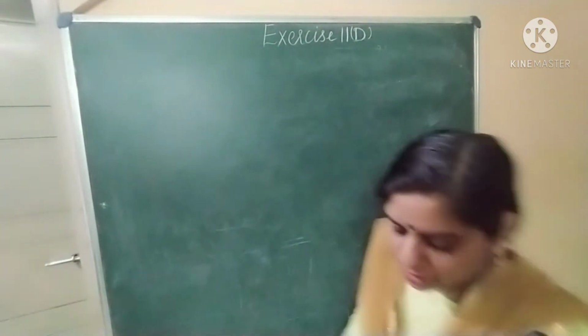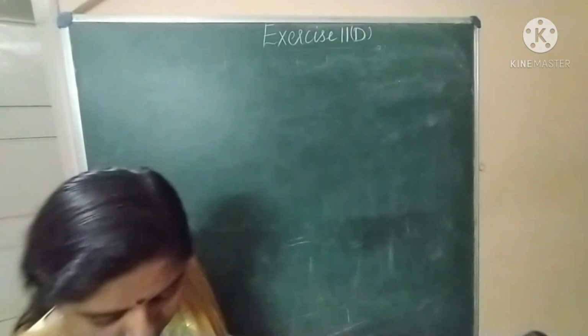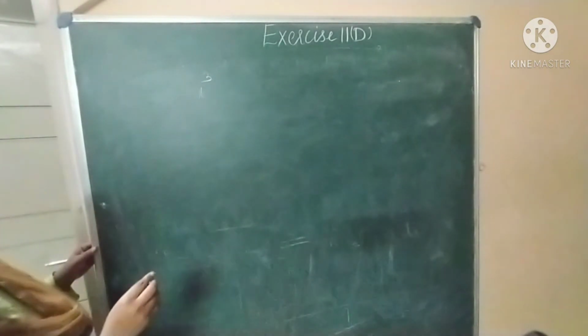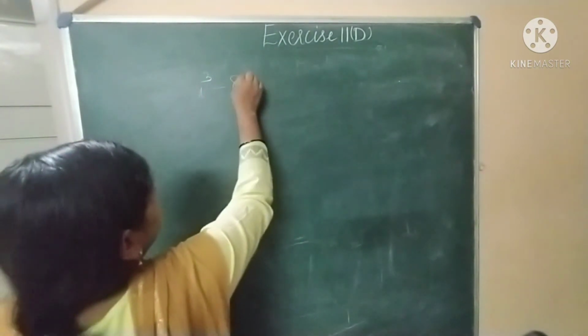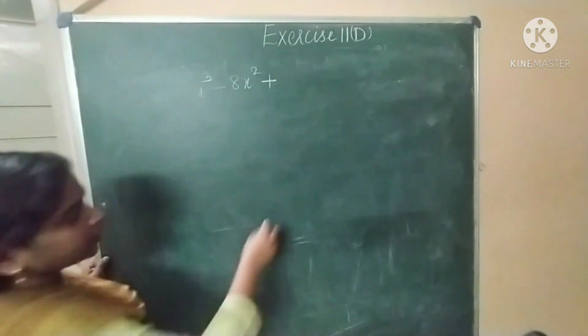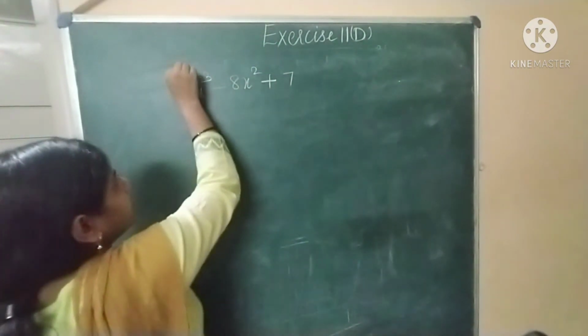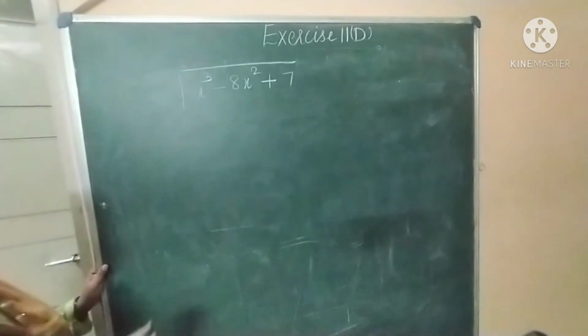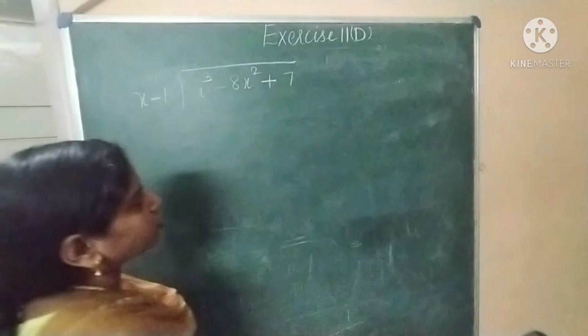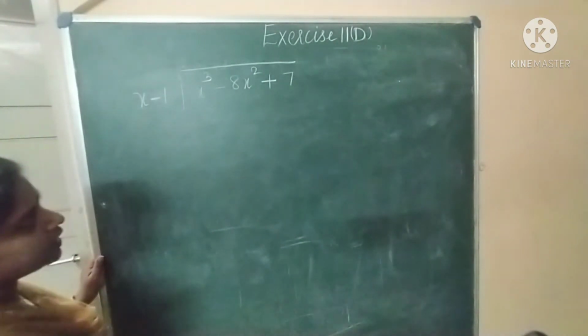So according to the question, we will start working the division. So what was the area? It was x cube minus 8x square plus 7, the whole divided by one side, that is x minus 1. We have to find the other side or the length of the rectangle.